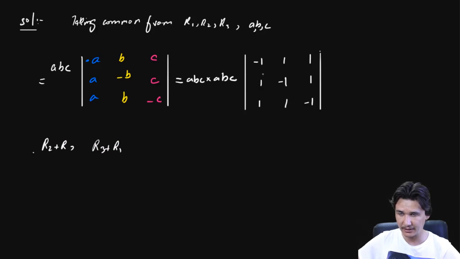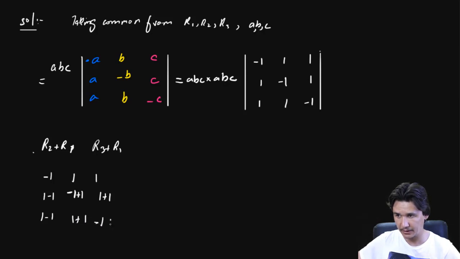Row 1 stays unchanged: minus 1, 1, 1. For row 2, we add row 1: 1 minus 1 is 0, minus 1 plus 1 is 0, and 1 plus 1 is 2. For row 3, similarly, 1 minus 1 is 0, 1 plus 1 is 2, and minus 1 plus 1 is 0.